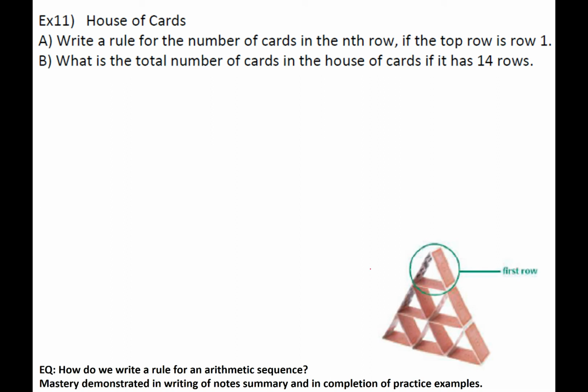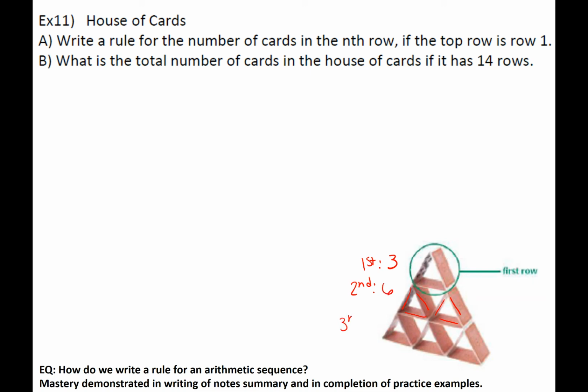Okay, I look at my picture in the first row. How many cards do we have? We have 3 based on that picture. Then in the second row, we would have 1, 2, 3, 4, 5, 6.